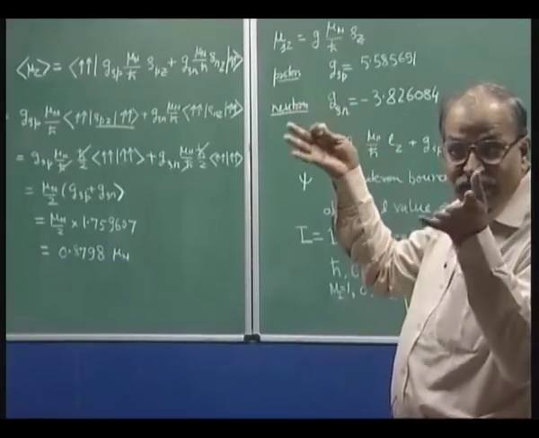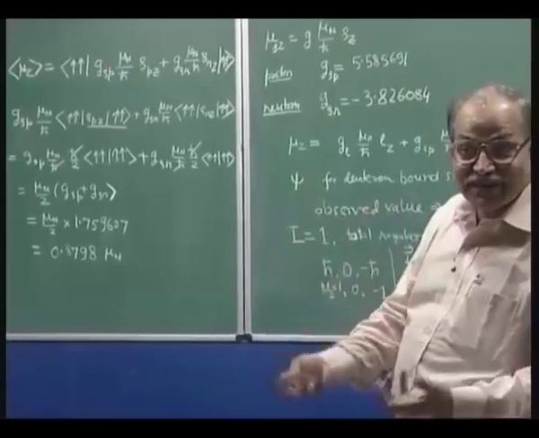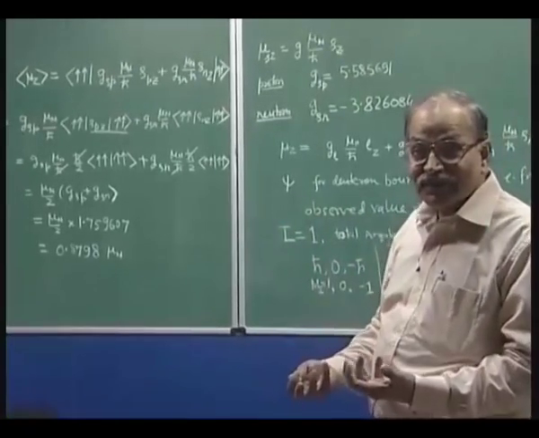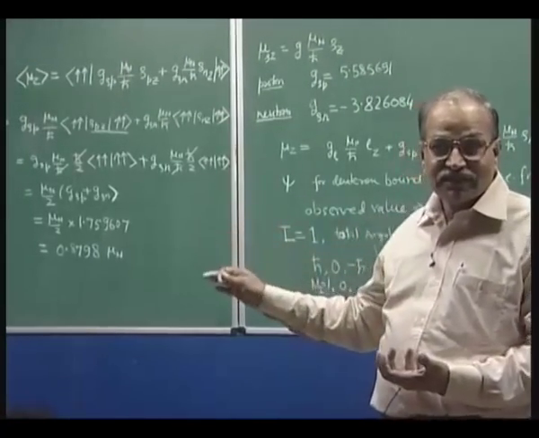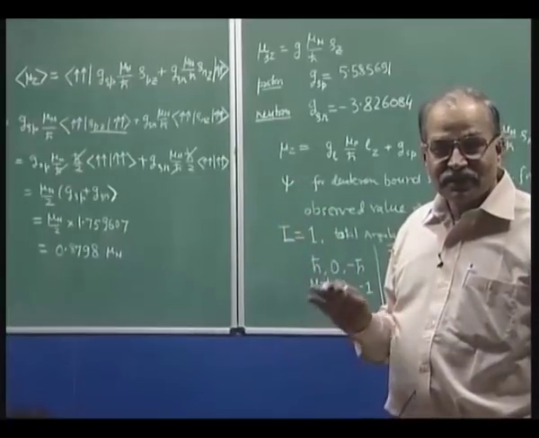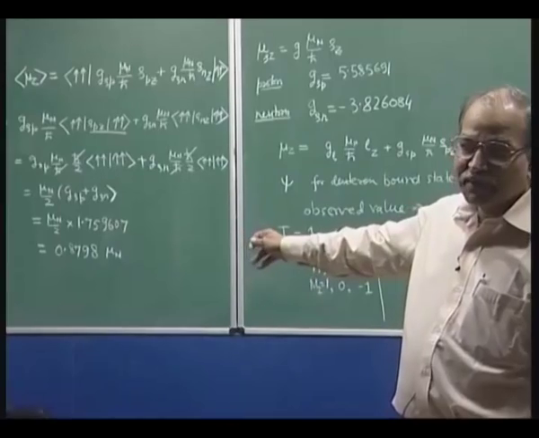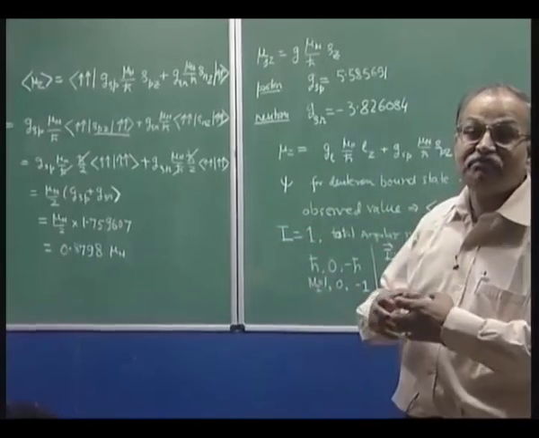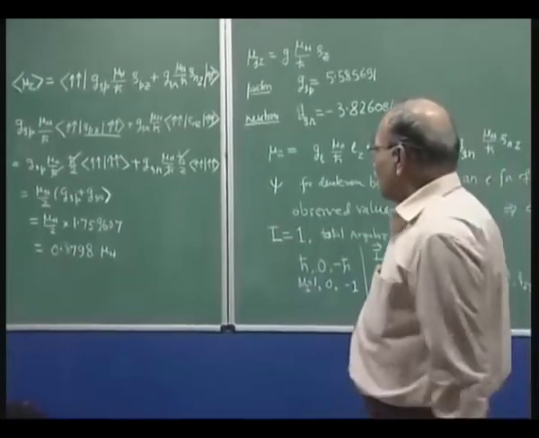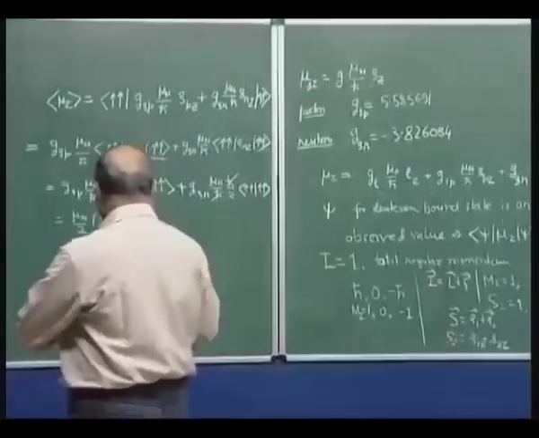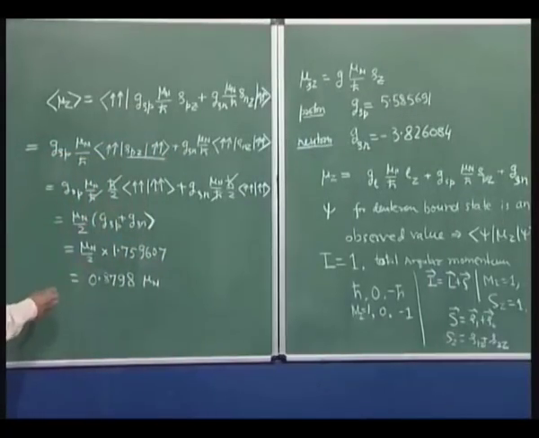So, without going into the detailed structure of that nuclear potential, I can make this calculation that the magnetic moment z component should be equal to this. Now, compare with what people have actually measured. So, this is the thing which is coming from the central potential.